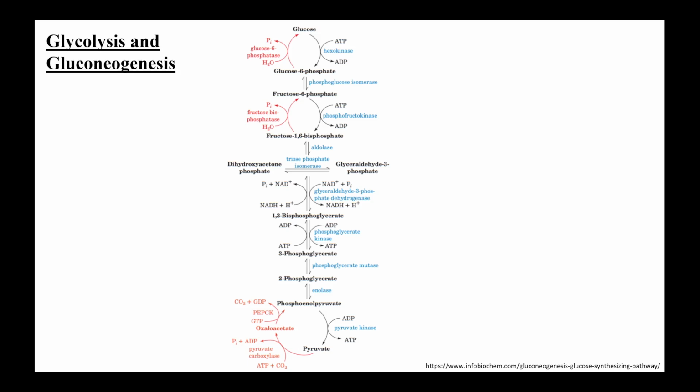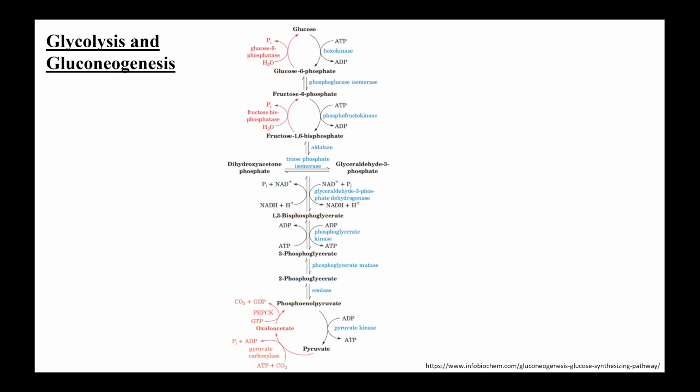A phosphate group from GTP is taken, so GTP is converted to GDP, and that phosphate group goes to the molecule, making it phosphoenol pyruvate, and the carbon dioxide gets eliminated from the oxaloacetate. Oxaloacetate is a 4-carbon molecule. So that's how the whole reaction is being regulated.